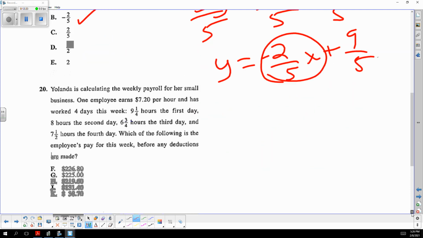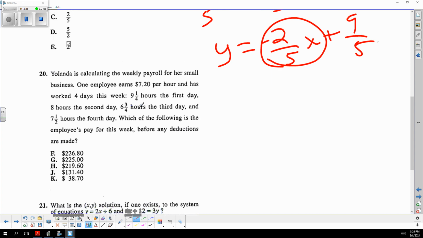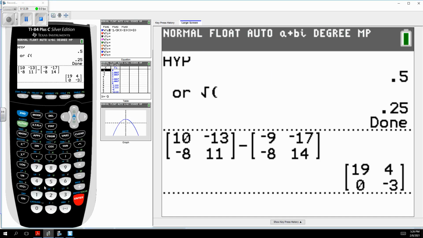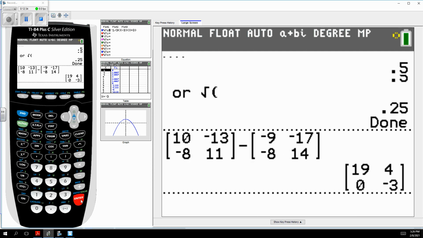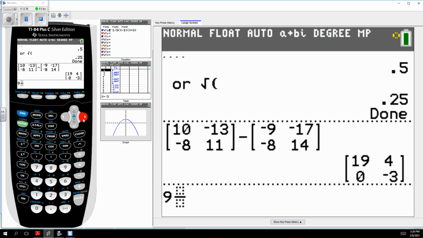Add your mixed numbers here. The worker, no difference, is 9 1/4. Let's use the calculator for that. So we're going to go 2. So it's 9 1/4 plus 6.